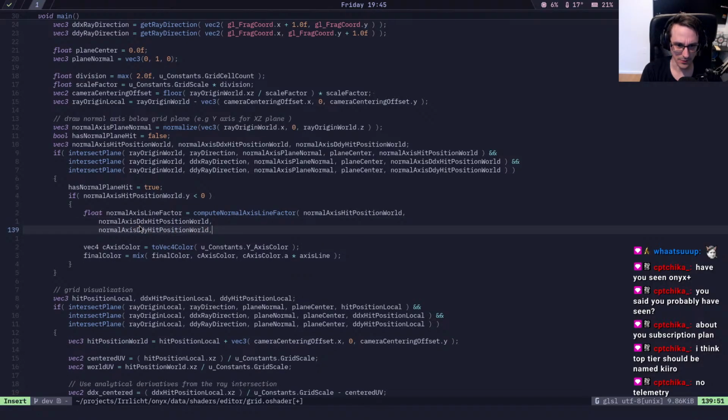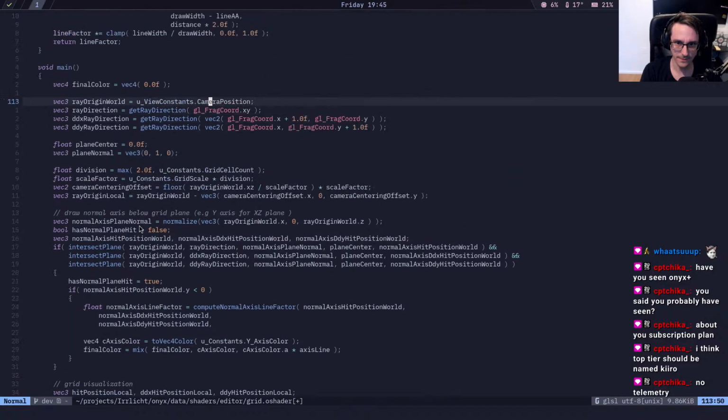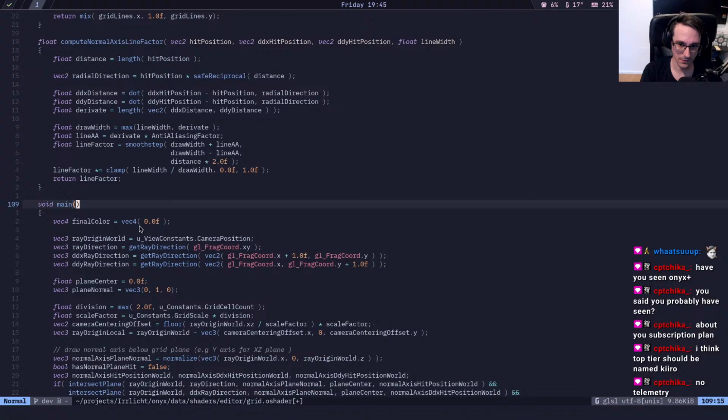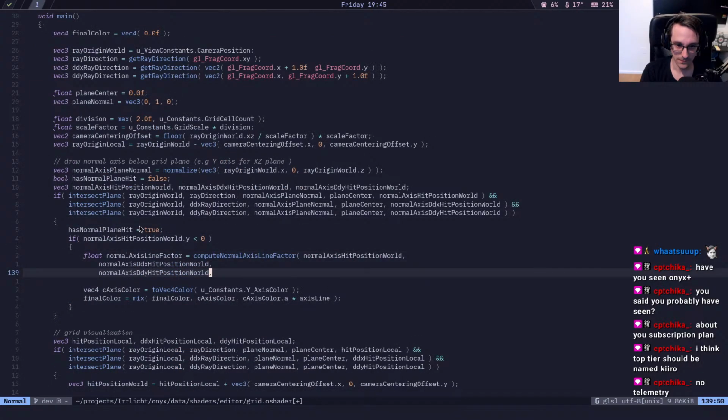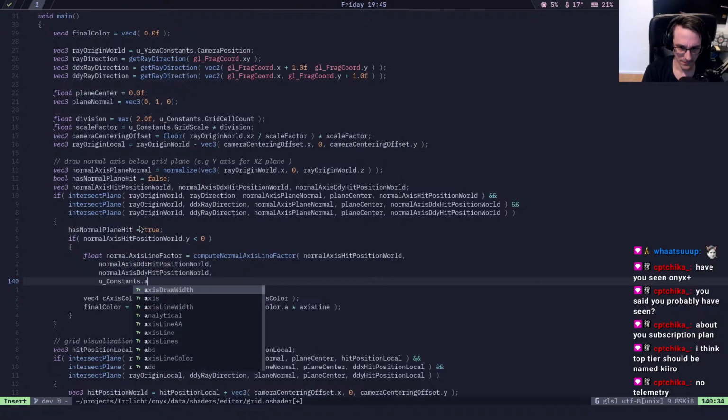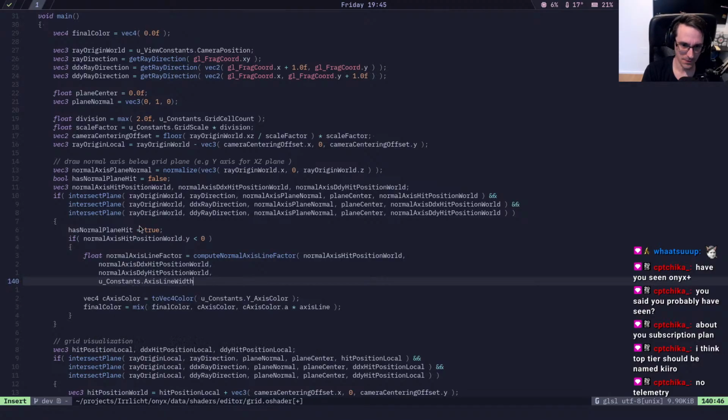And I think the line width was your last one, right? Yeah, line width. Which is, I think, just our axis line width, yeah. Like that, and then that stays the same.